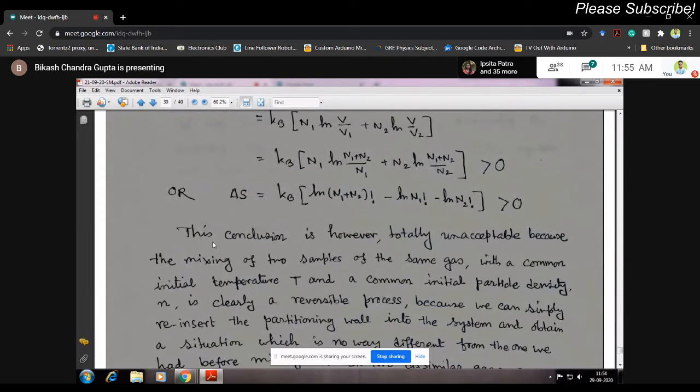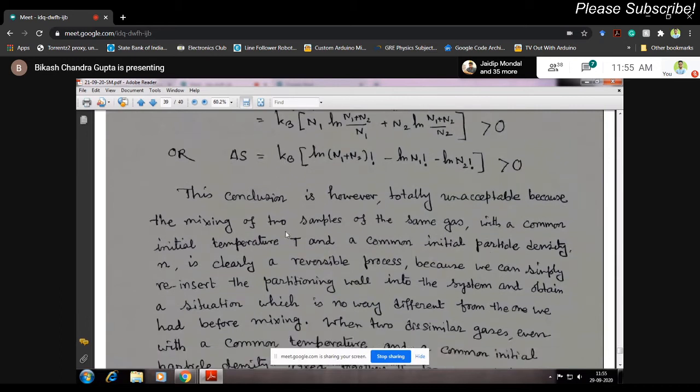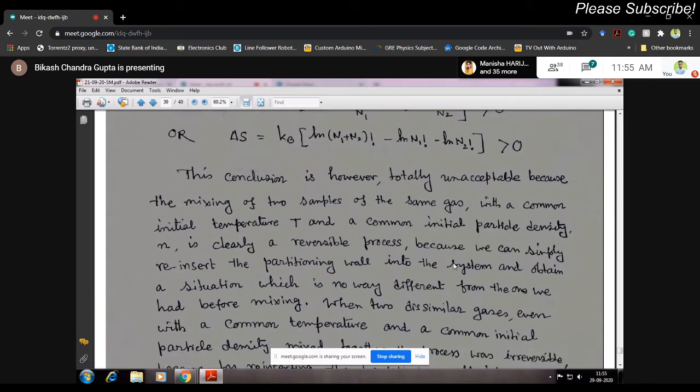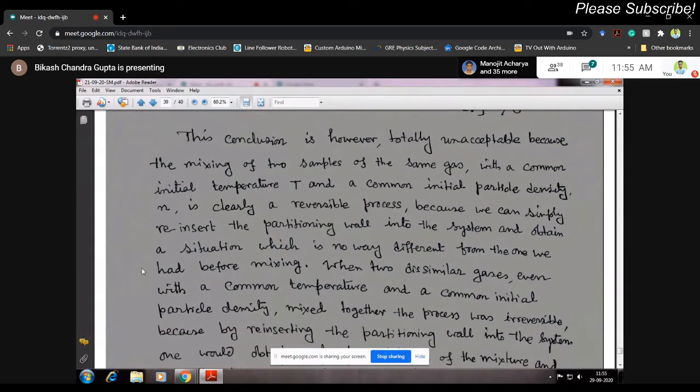So this conclusion is, however, totally unacceptable because the mixing of two samples of the same gas with a common initial temperature and a common initial particle density N is clearly a reversible process, because we can simply reinsert the partition wall onto the system and obtain a situation which is in no way different from the one we had before mixing. This is the very interesting way of putting things that Pathria has put in that book.